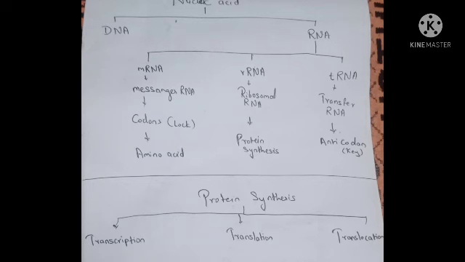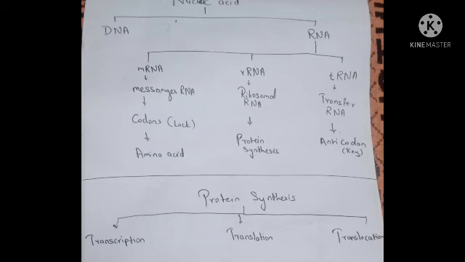Let us study first mRNA, that is messenger RNA. Messenger RNA consists of codons. This codon works like a lock, which further produces amino acids. Amino acid is the basic unit of protein. Let us go to the second part, rRNA. It is ribosomal RNA.